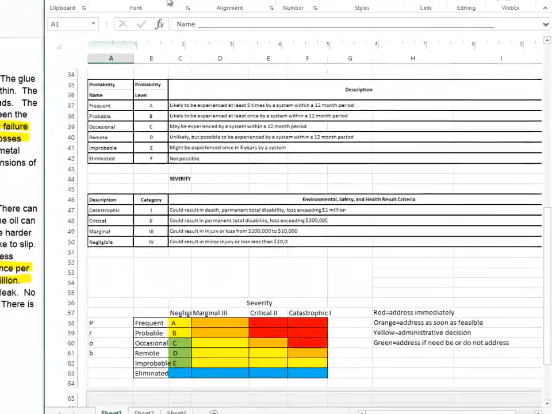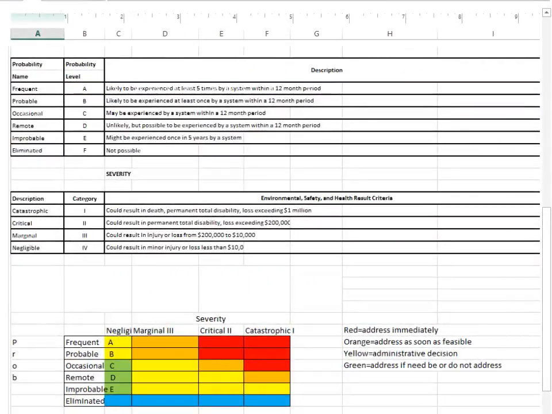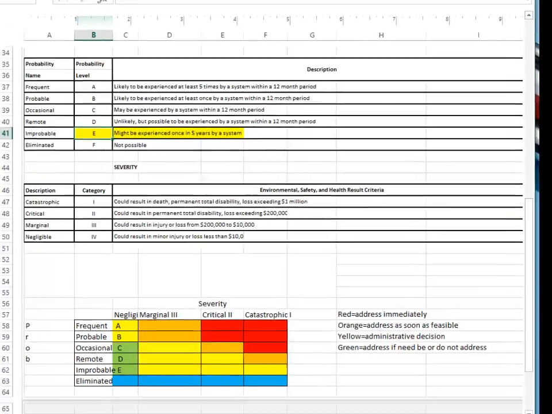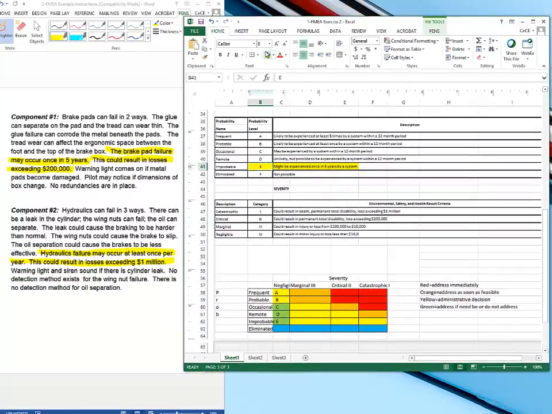Let's go over to probability and see if we see once in 5 years. That would be E. So we're only going to experience this once in 5 years. Let's keep that in mind. That's E. That's our probability.